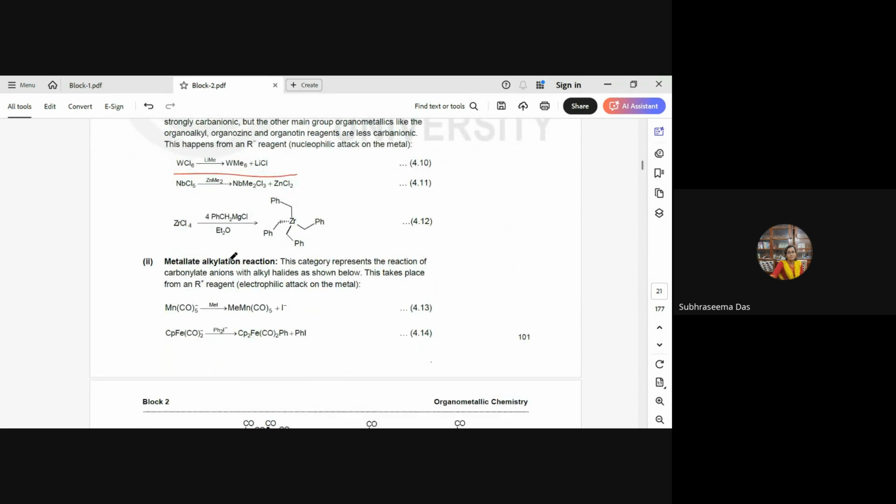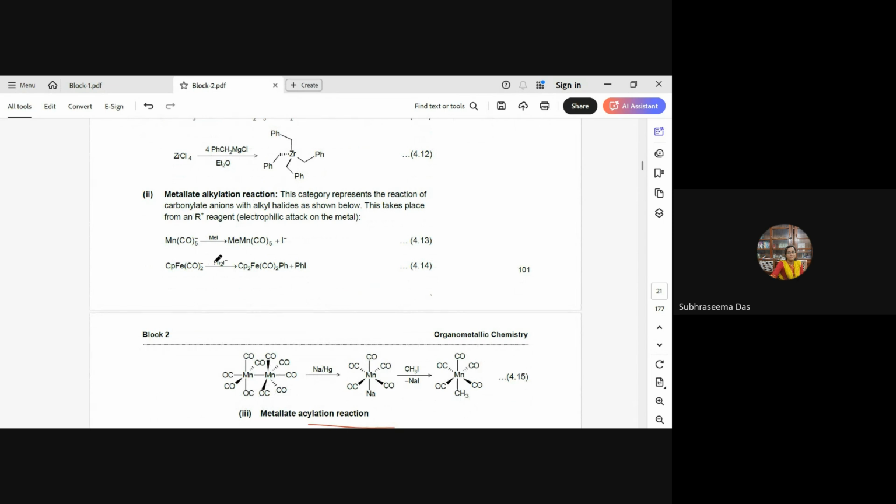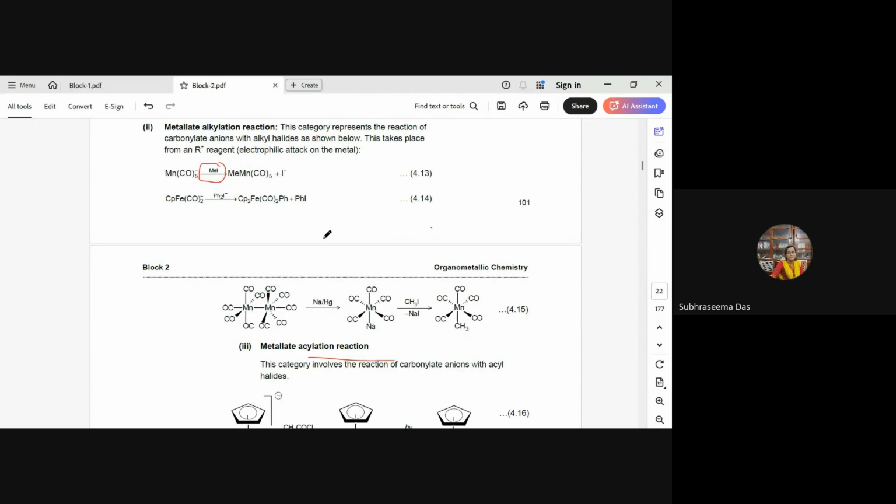Then comes the metallate alkylation reaction. This category represents the reaction of carbonylate anions with alkyl halides, as shown below. This takes place by an electrophilic attack on the metal. Here Mn(CO)5 minus reacts with MeI, forming MeMn(CO)5 plus I minus. So this is a metallate alkylation reaction.